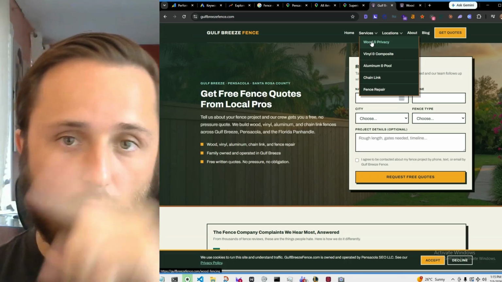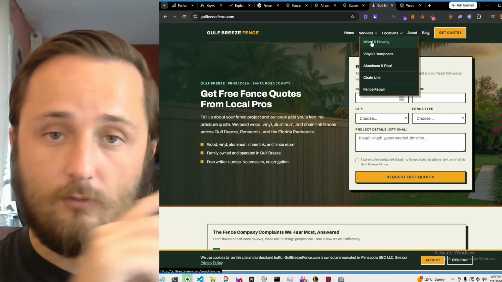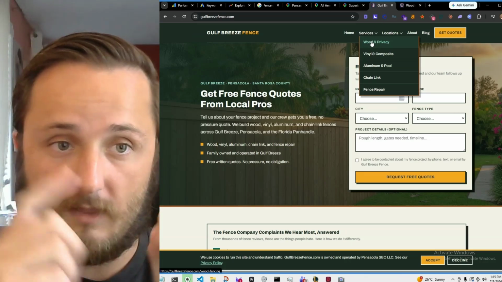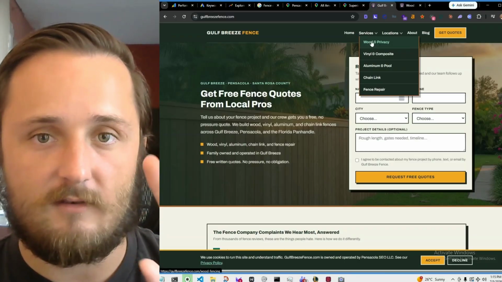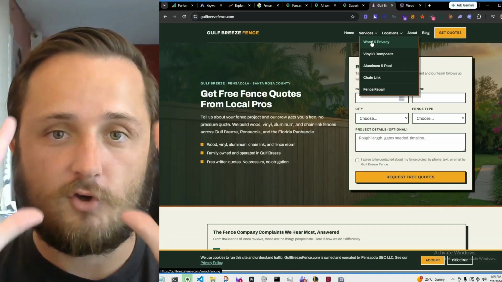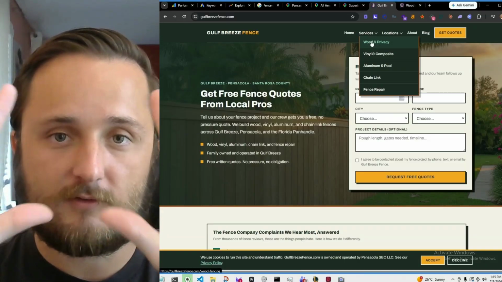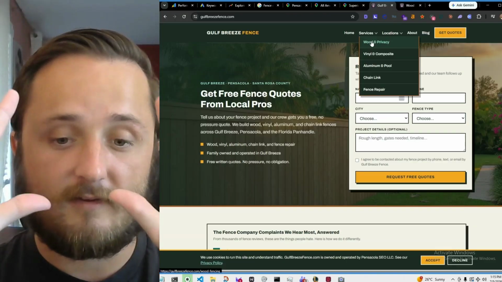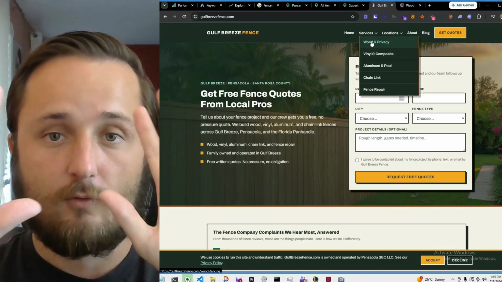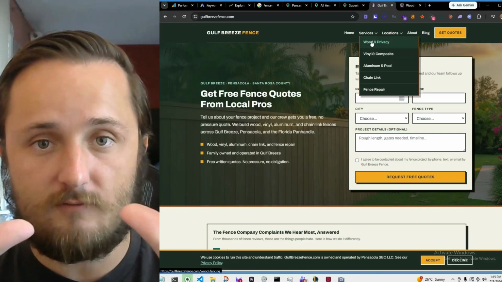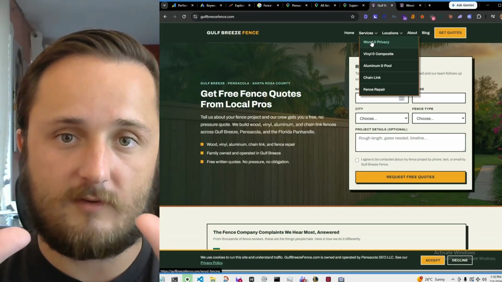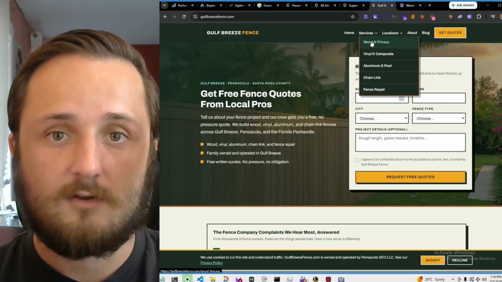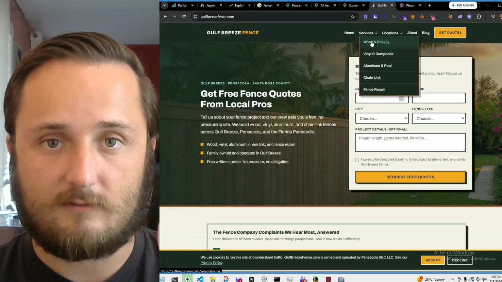Google is going to crawl those social profiles, ping that URL, come crawl it, and all of a sudden you have two versions of the identical same content. You basically have two websites. Google sees the www version of your website, and then it sees the non-www version. So all of a sudden you have two identical websites.